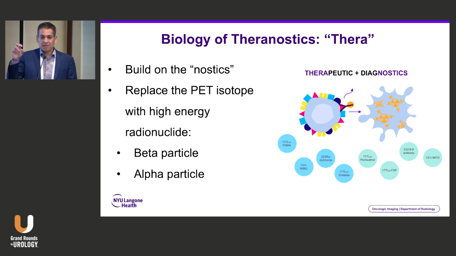Well, people worked out that if you take that same biologically active molecule, but instead of labeling it with a diagnostic isotope like F-18 or Gallium-68, you label it with one of the high energy isotopes like lutetium, for example, you can then use the same compound to produce either beta particles or alpha particles, depending on the isotope, that will localize to the exact same areas that you saw on the diagnostic PET-CT.